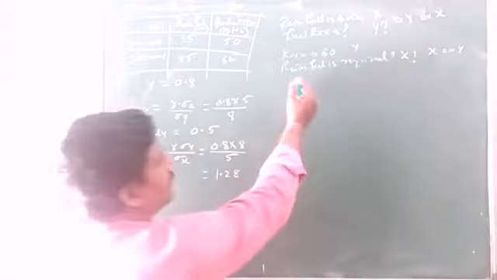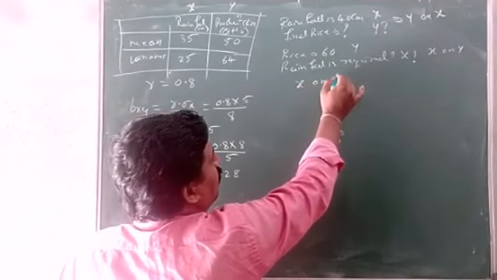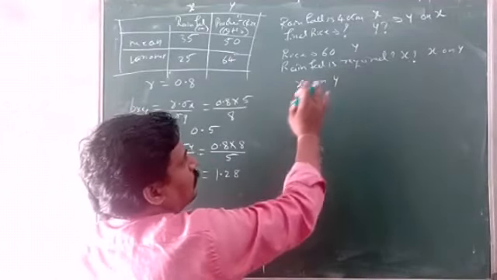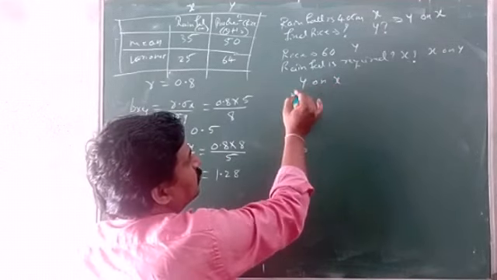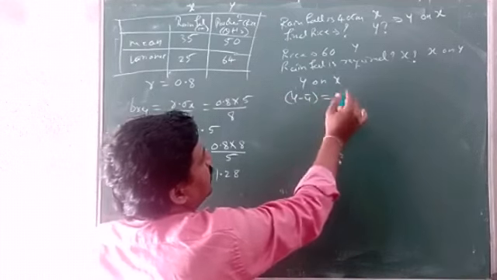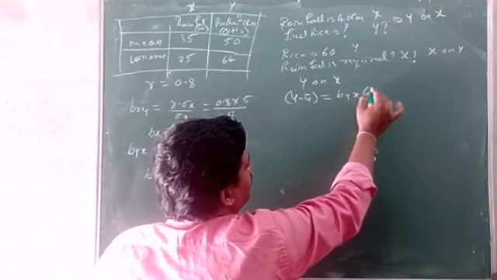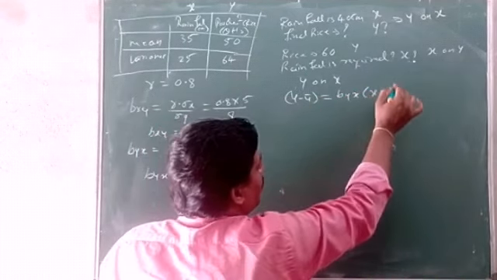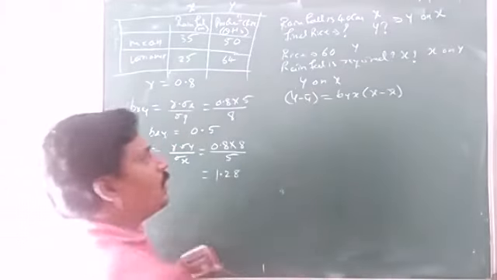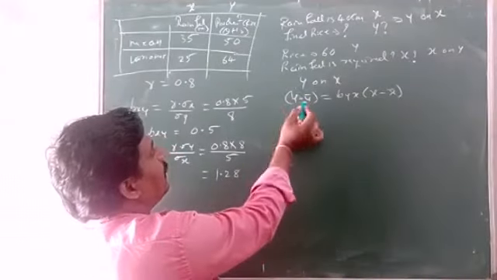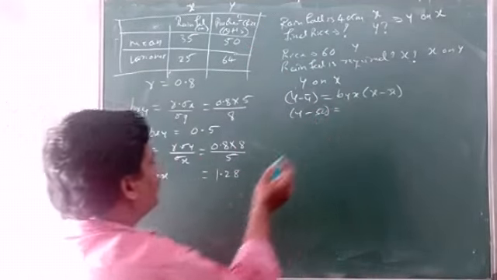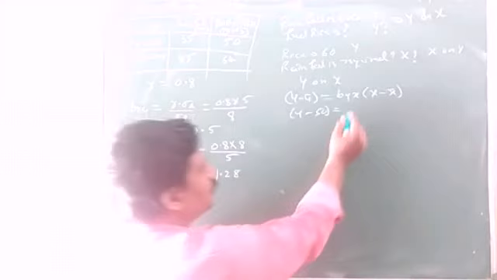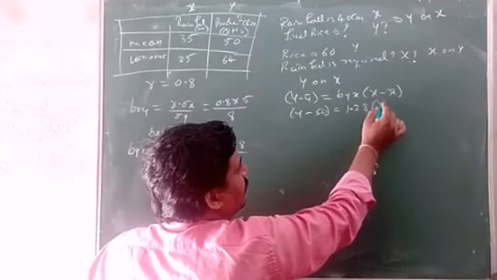first equation, y on x. Y on x, that is y minus y bar is equal to byx into bracket x minus x bar. So y minus y bar, y bar is 50, is equal to byx, byx is 1.28, into bracket x minus x bar.